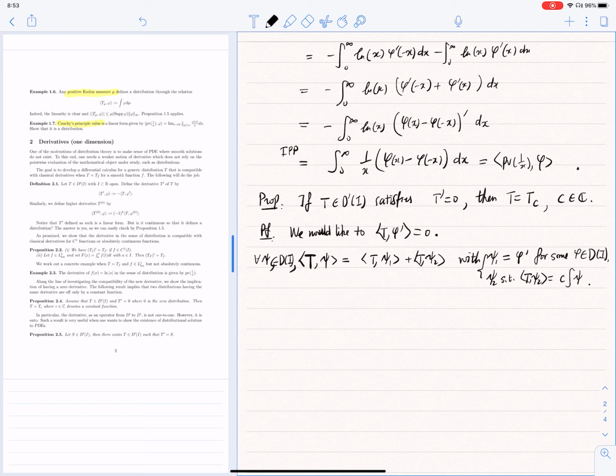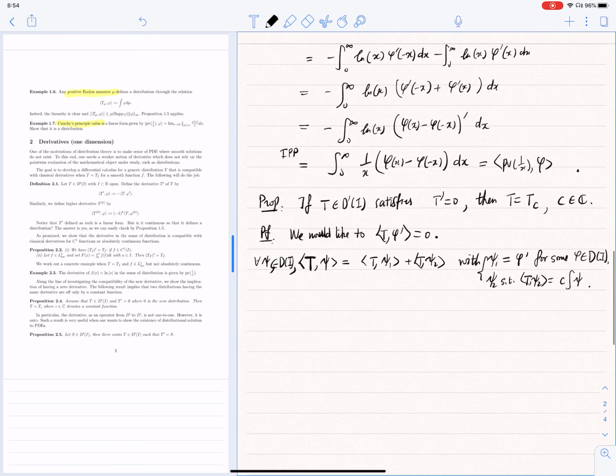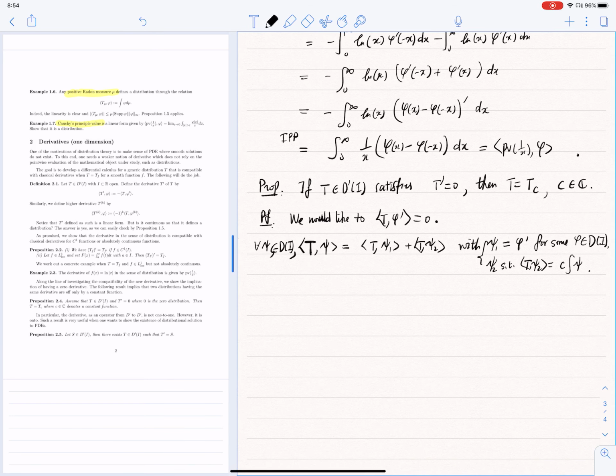The second requirement is easier than the first one, which we still don't understand. For the second requirement, we can choose psi 2 equal to a constant, the integral of psi times a constant.